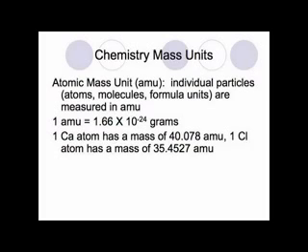Carbon-12 is a particular isotope of carbon, and it's equivalent or equal to 1.66 times 10 to the negative 24th grams. Now that number, 1.66 times 10 to the negative 24th grams, is not an easy number to work with, so for chemists it was easier to just declare that 1 AMU. So one calcium atom has a mass of 40.078 AMU, one chlorine atom has a mass of 35.4527 atomic mass units.